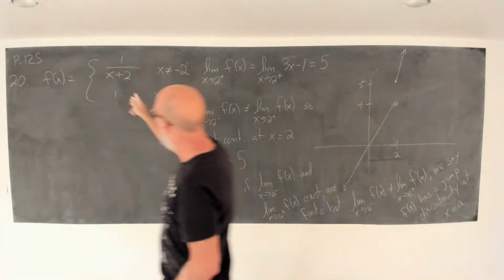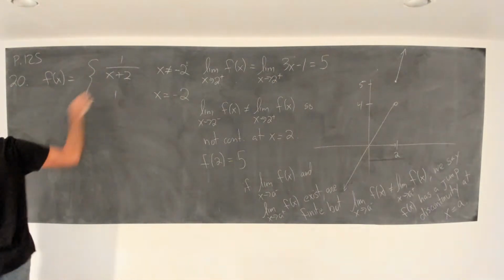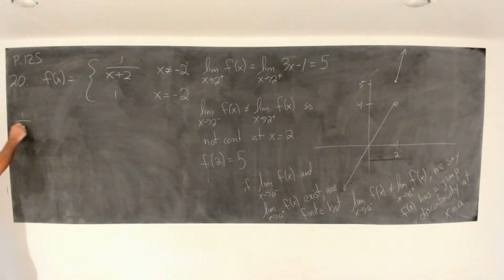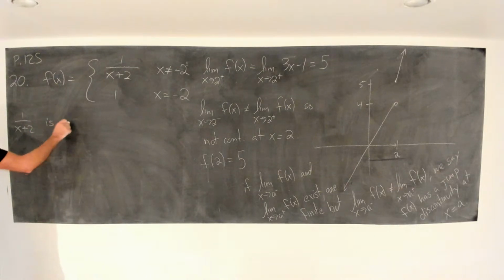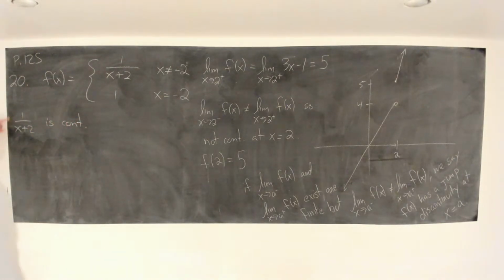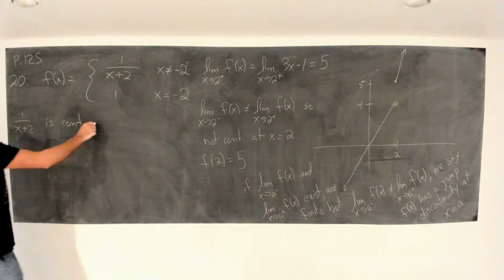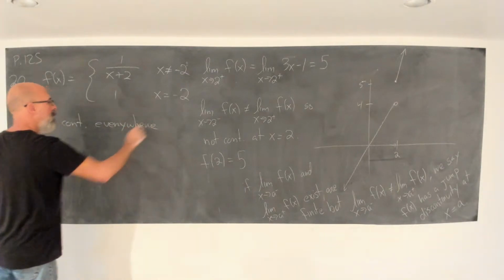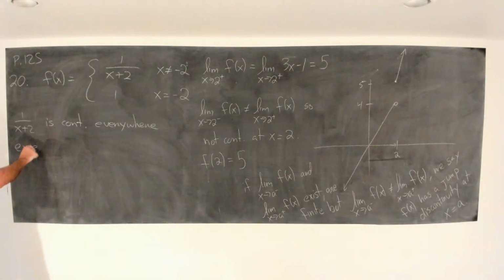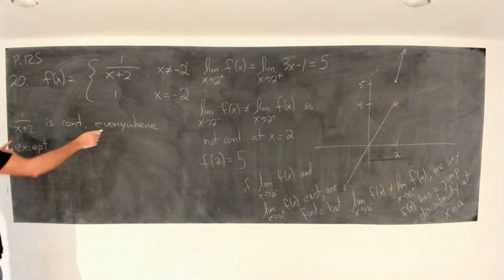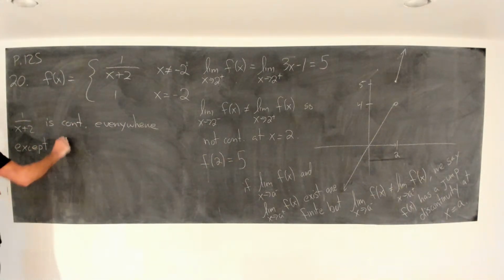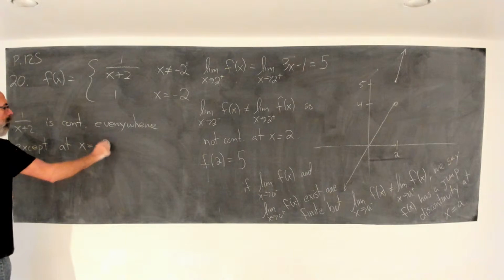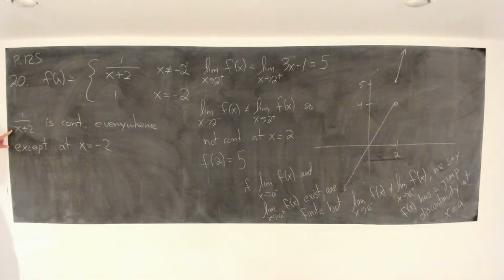So this function is continuous. 1 over x plus 2 is continuous, right? Because it's one polynomial divided by another. It's continuous everywhere except possibly, well, this is continuous everywhere except at x equals -2, right? Everywhere as long as the denominator is not zero.